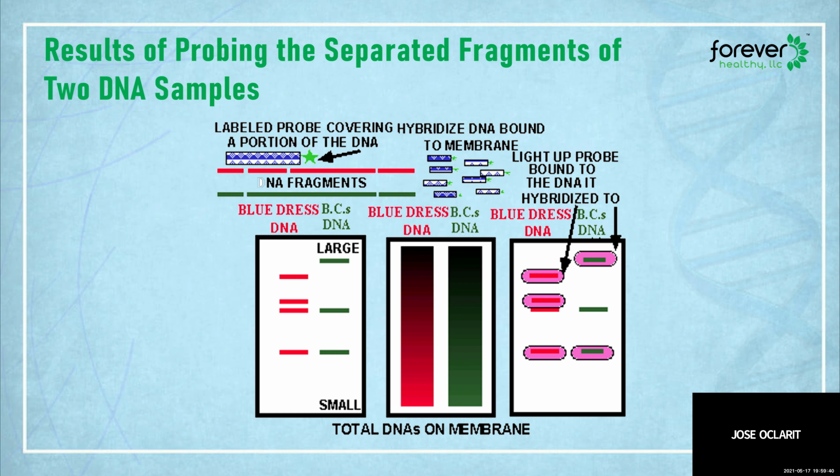So labeled probe, a portion of the DNA. Have you heard about the Bill Clinton case about Monica Lewinsky? Monica Lewinsky is the owner of the blue dress. The sperm cell of Bill Clinton was found on the blue dress.